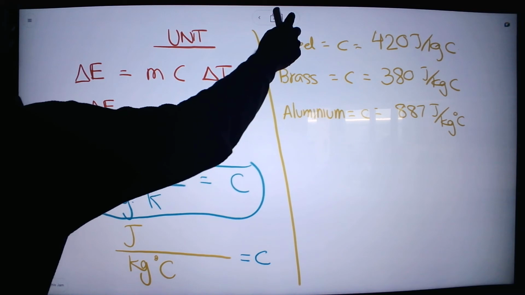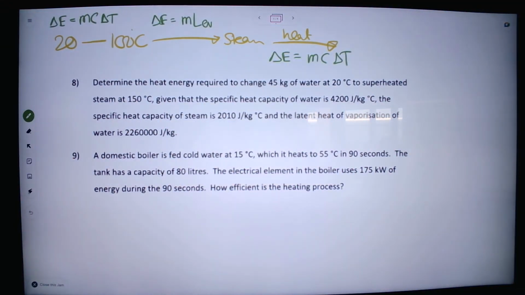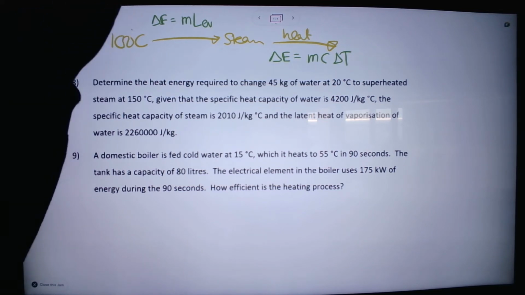Now the third part is this one. Then I heat the steam. I want to create superheated steam. Steam is already at 100 degrees, I converted the water. Now I need to superheat the steam, increasing its temperature to 140, 150.